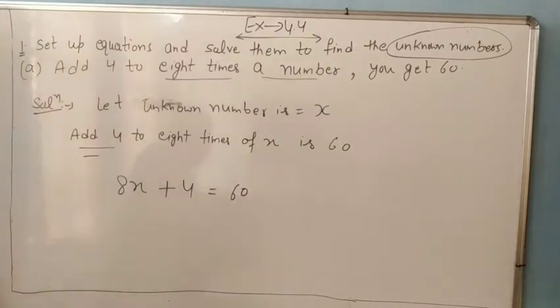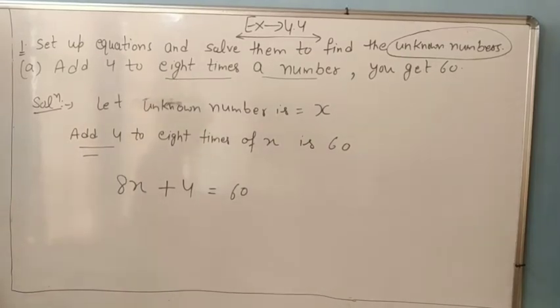Understand? So it is your equation, and we have to find the number also. What is the unknown number? The unknown number is x.